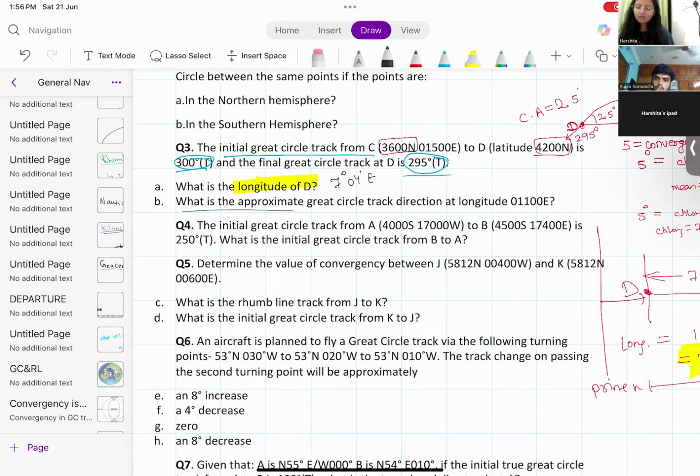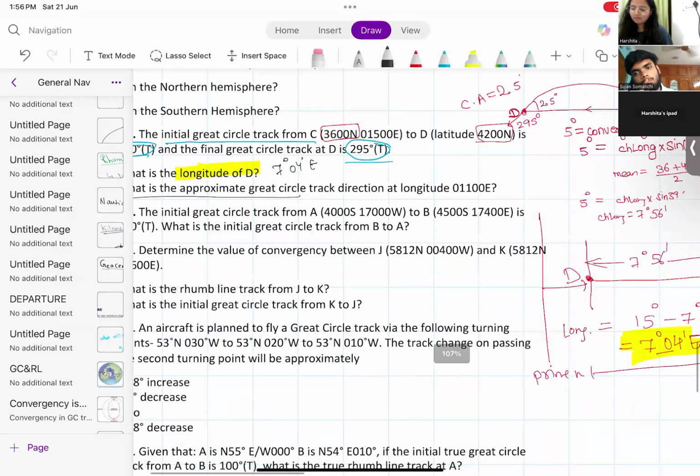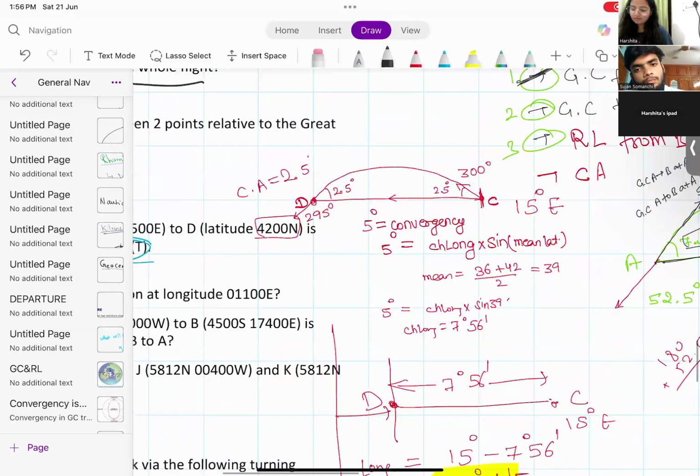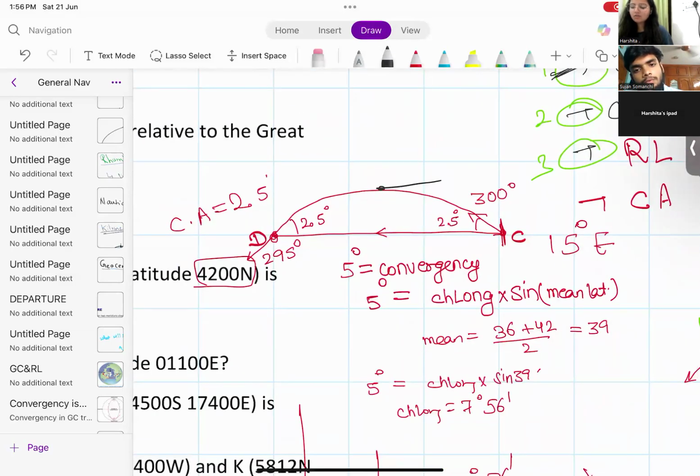Next, what is the approximate great circle track direction at this longitude? 11 degrees east. Whenever they ask you what is the approximate great circle direction, see, this is initial. The great circle will be changing its track like this and finally reaching its final track, right?